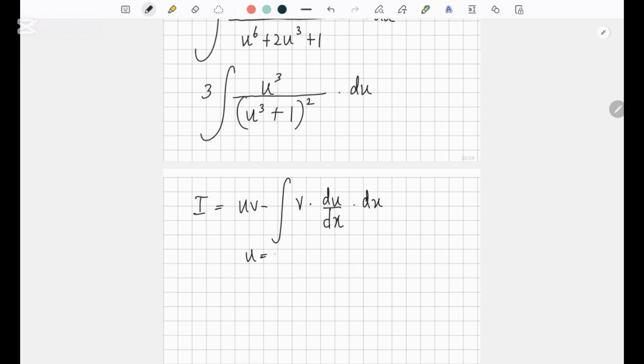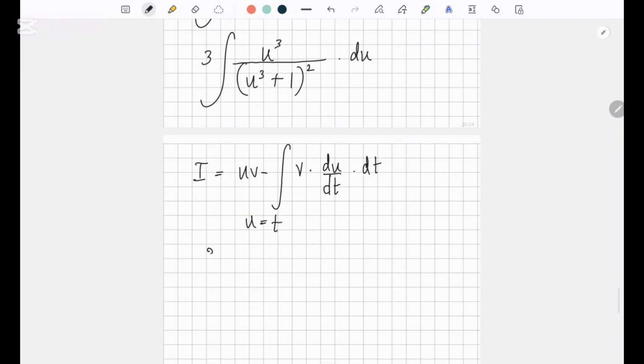I'll just write u equals t. Don't get confused, there's nothing big going on. I'm just making u equals t. It's just that I'm going to change the letters. Then our formula would be dt dot dt.